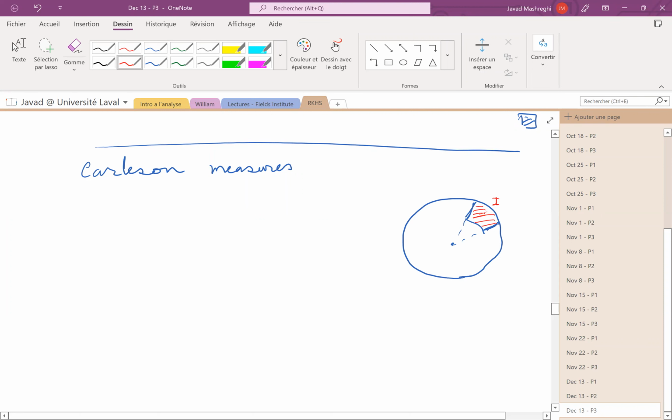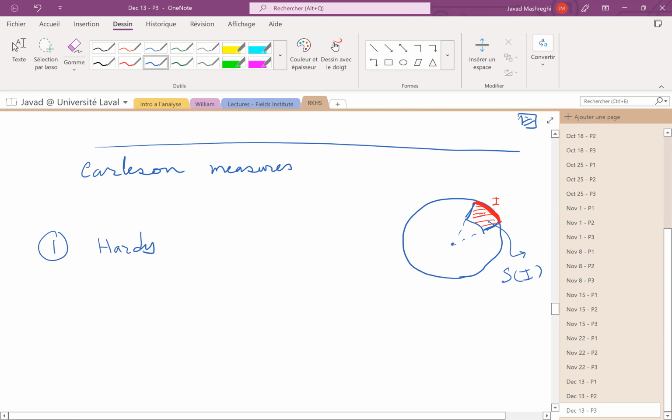Here is the boundary arc I, and we go inside, and the way we go inside sometimes is equal to the length of I, sometimes the length divided by 2 pi. It depends how we want to normalize. And this is called S of I.